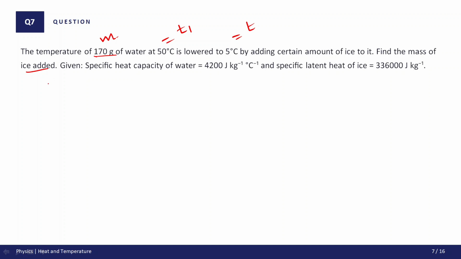It is in the solid state, so it melts first, ML, and utilizes the energy to reach 5 degrees Celsius, so I will write here mc delta T, equal to the heat lost by water, mc delta T. Here the temperature changes from 0 to 5 degrees Celsius, and here it is 50 to 5 degrees Celsius.